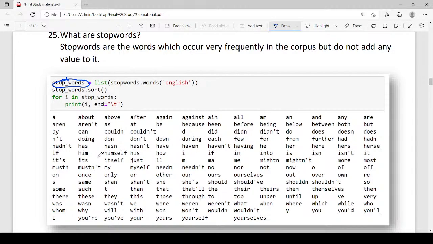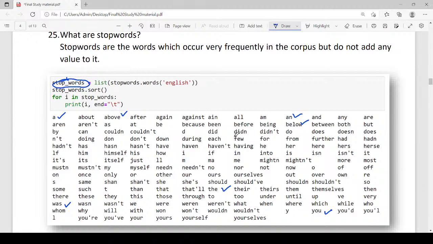So here you find a list of stop words that are there in the English language. So if you see words like you have a, you have even the prepositions above, below, articles a, and then you also have words like the. So when you come across words like was, you, all these are nothing but stop words.